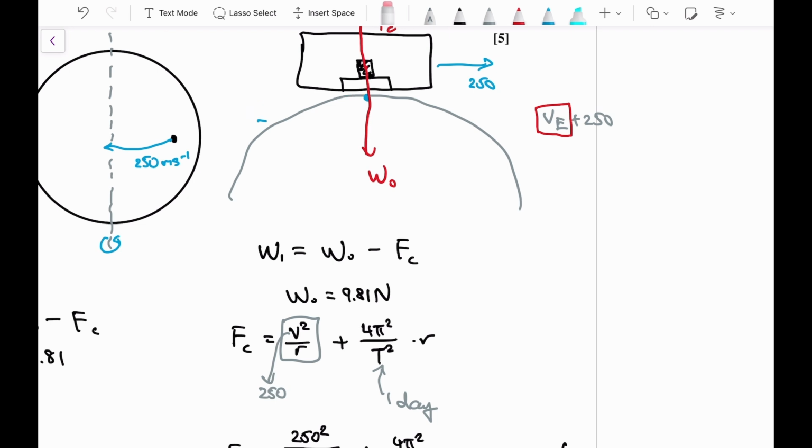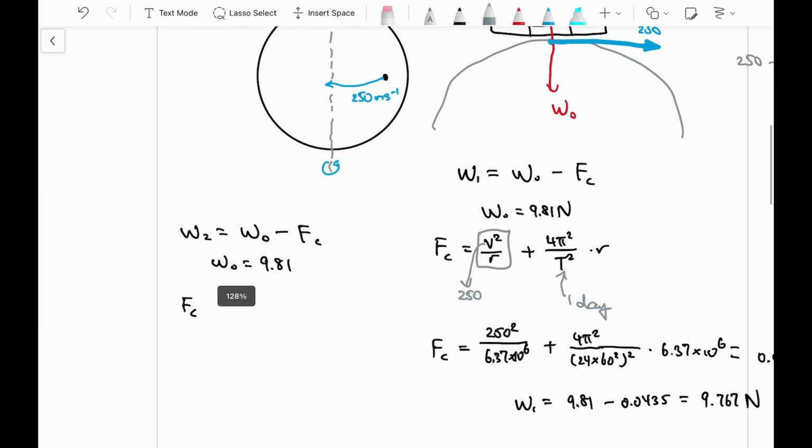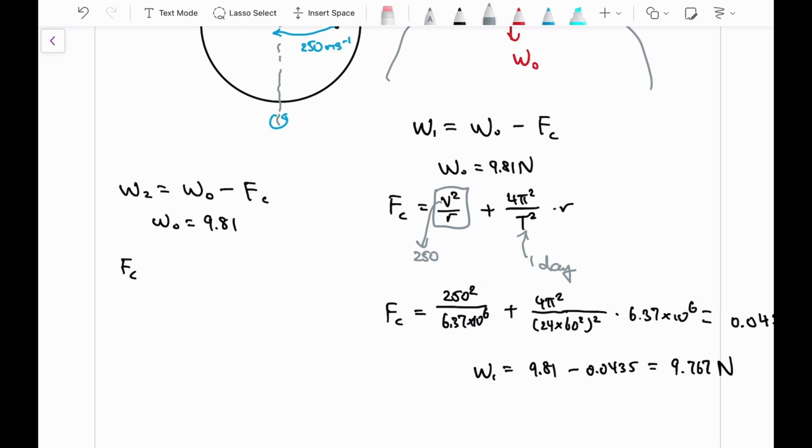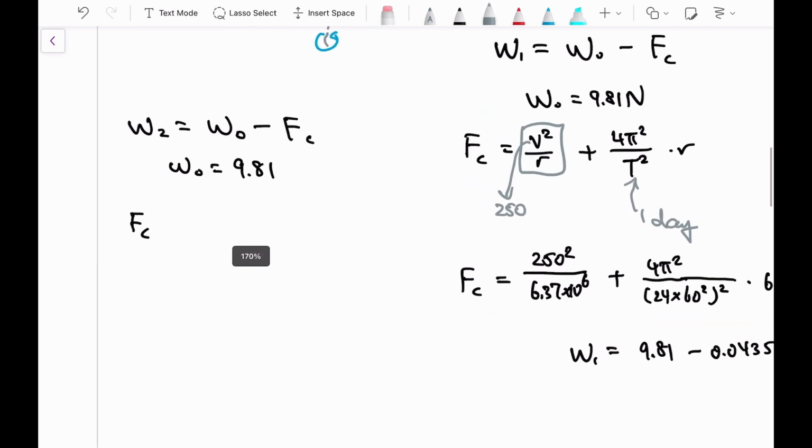The VE is essentially going this way, so it will be rather different because you will have to minus VE. Essentially, the speed has decreased, and so the FC, or the centripetal force, will decrease as well.